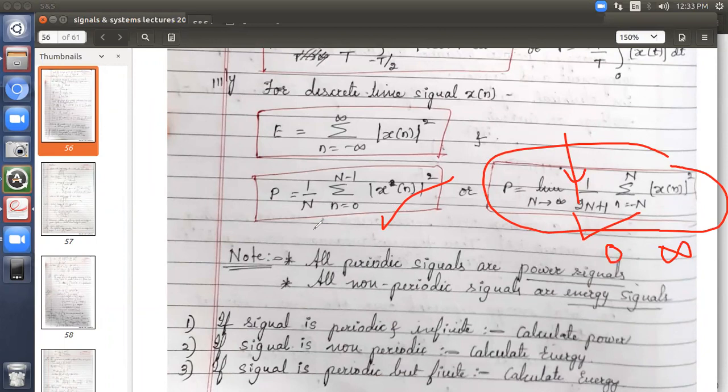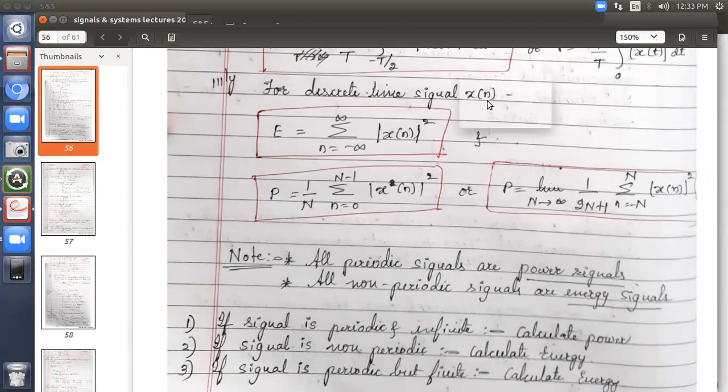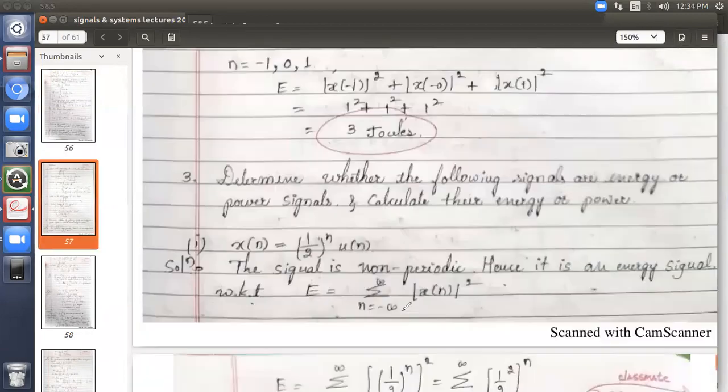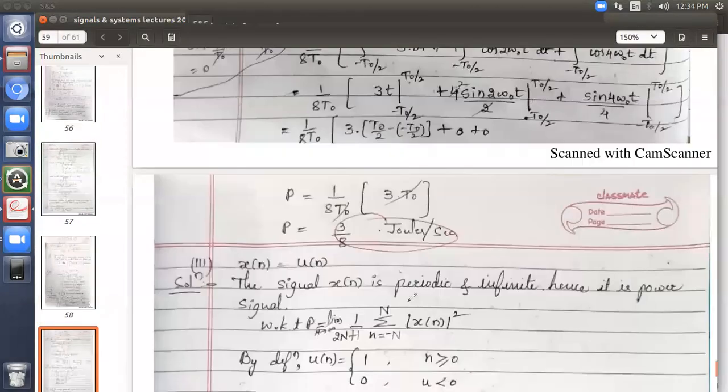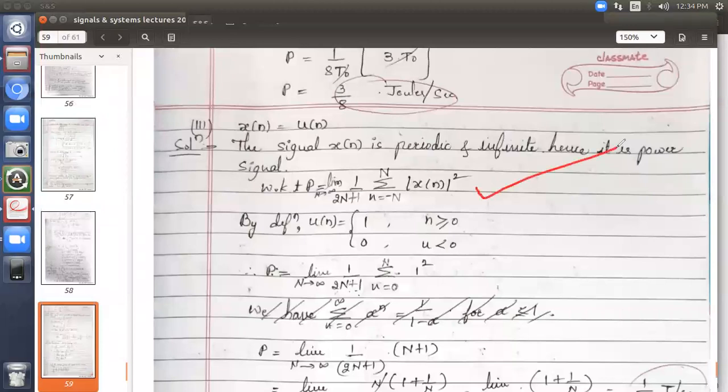If it was generally minus to plus, we could have gone for this. So for this special case, we will go for this formula: limit 1 by 2n plus 1, summation minus n to plus n, signal magnitude square. This is the formula.